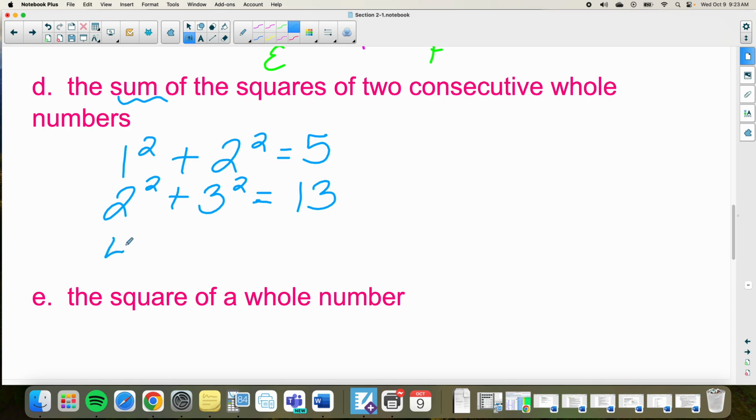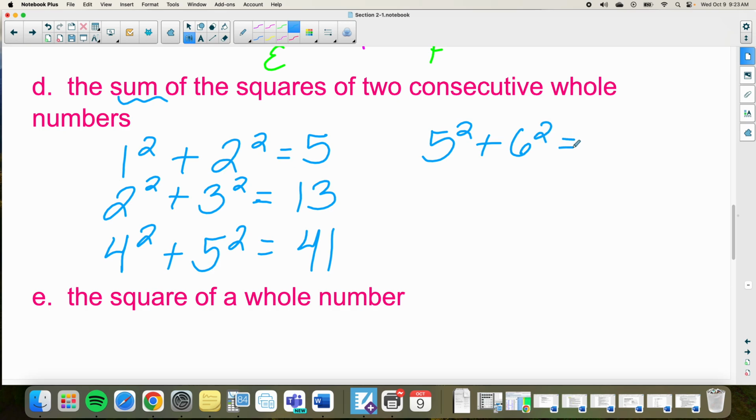Then let's try 4 squared plus 5 squared. This is 16 and this is 25, and that would be 41. Okay, let's try 5 squared plus 6 squared. So this is 25 plus 36, which would be 61.